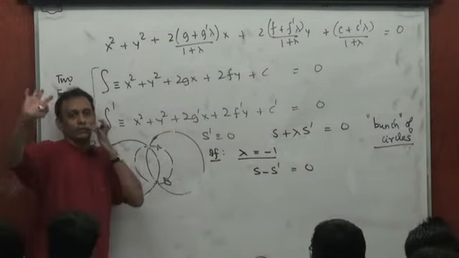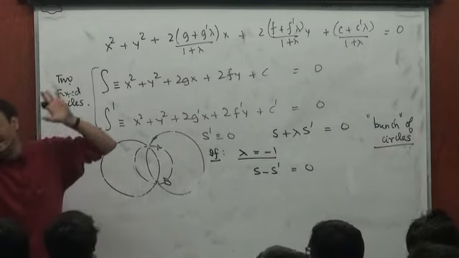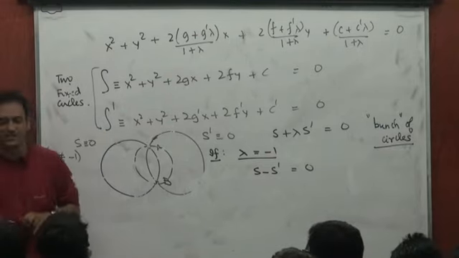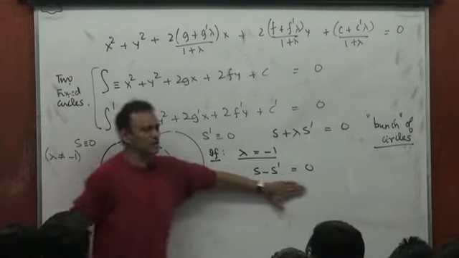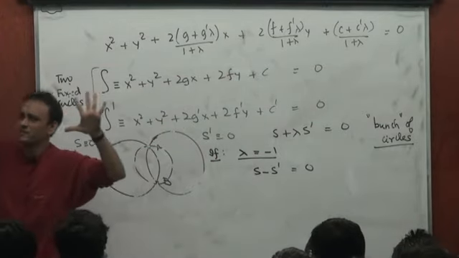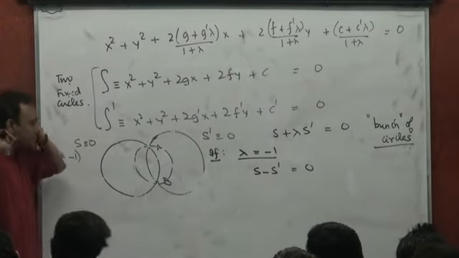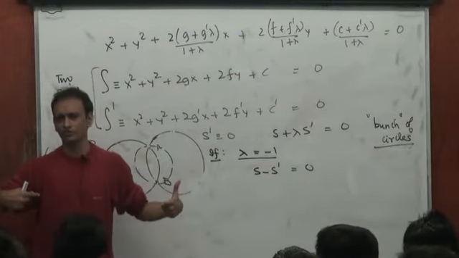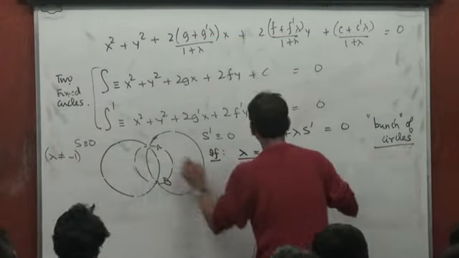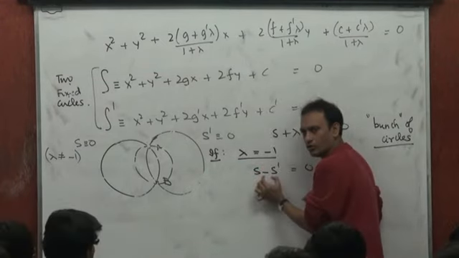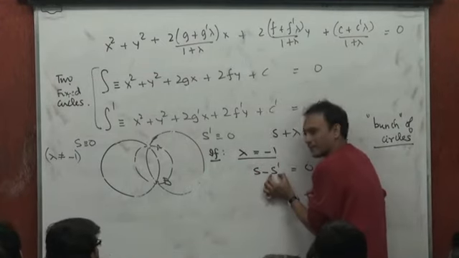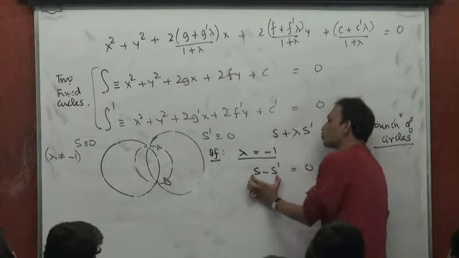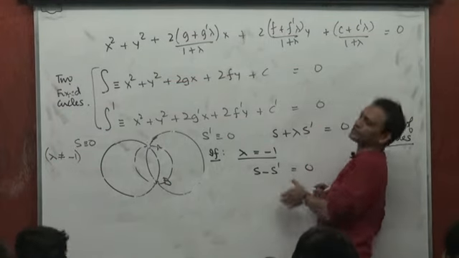Whatever S minus S prime is, it's some curve. S minus S prime equal to 0 is some curve, and I want to see if A lies on this. Yes, A will lie on this. Why? Because if you plug in the coordinates of A in S, S will be 0. If you plug in the coordinates of A in S prime, it will be 0. So if you plug in the coordinates of A in S minus S prime, that's going to be 0.